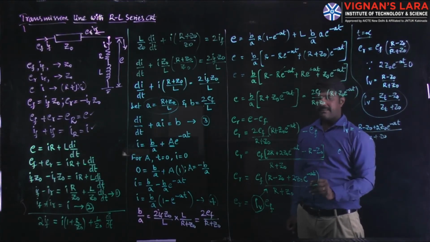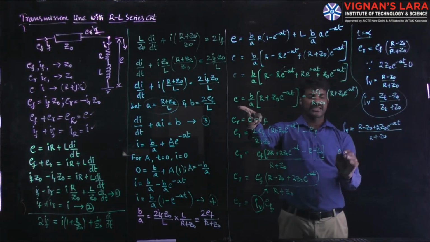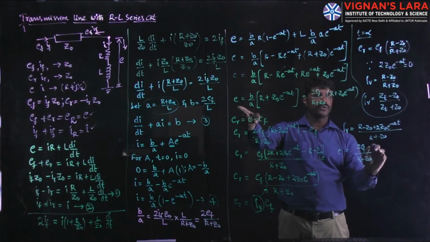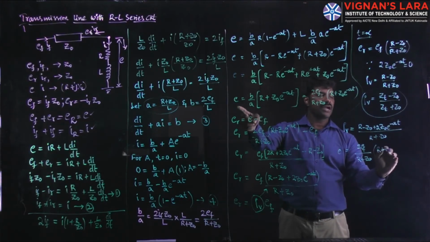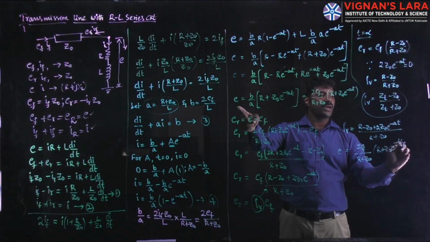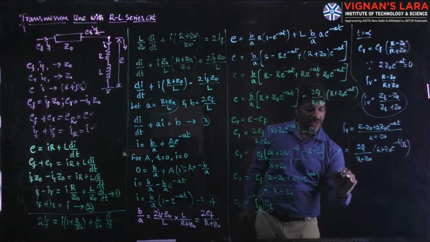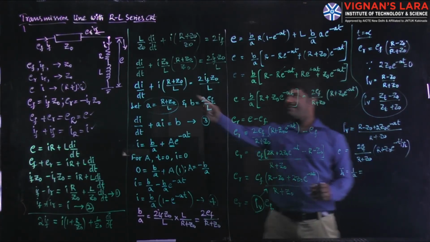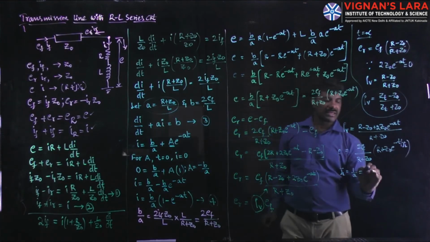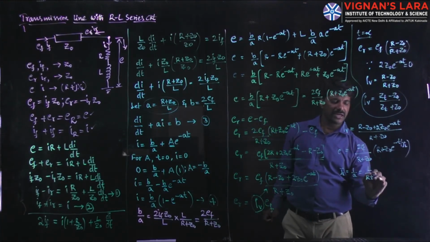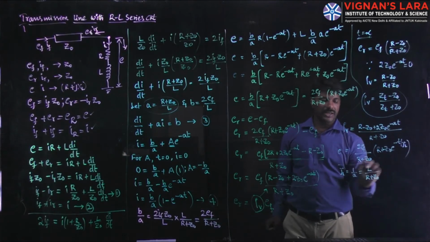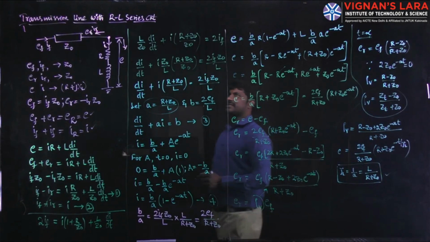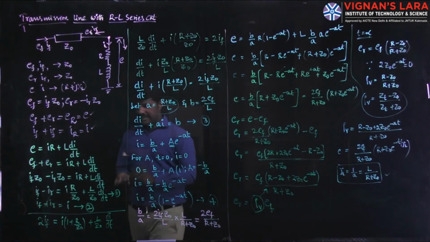The magnitude of the total voltage E was given as 2EF by R plus Z naught into R plus Z naught e to the power minus t by tau L, where the time constant tau L is equal to 1 by A. What is the 1 by A value? Yes, the 1 by A value is L by R plus Z naught. This is the value tau L. This is about the series RL circuit termination part.